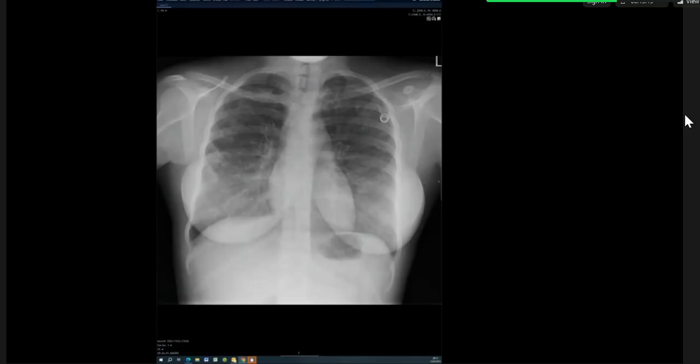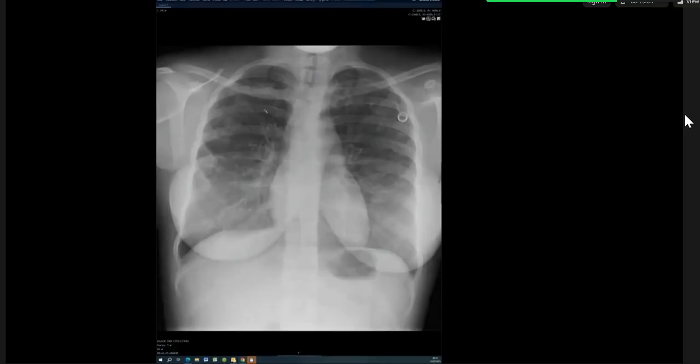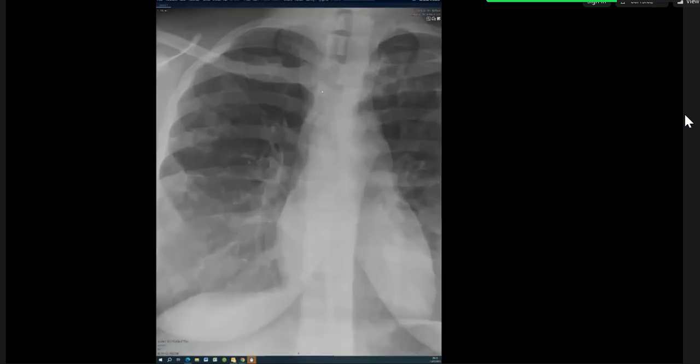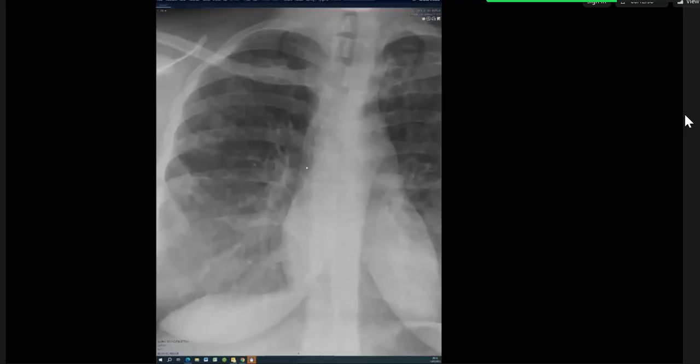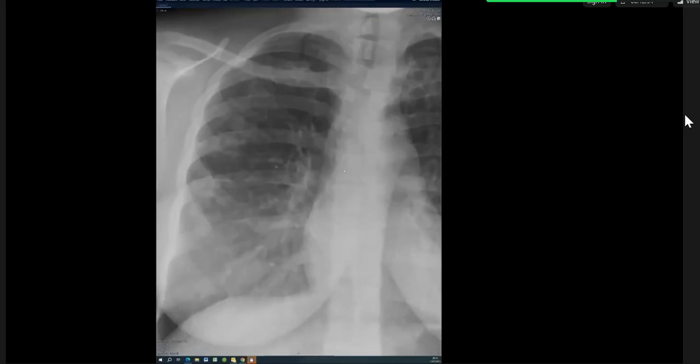So looking at the lungs, I can actually appreciate bilateral tram-like and cystic changes, most pronounced in the upper and mid zone. In the periphery of the right mid-zone, I can appreciate a focal opacity with central lucency, and I wonder whether that could be a cavitating lesion.